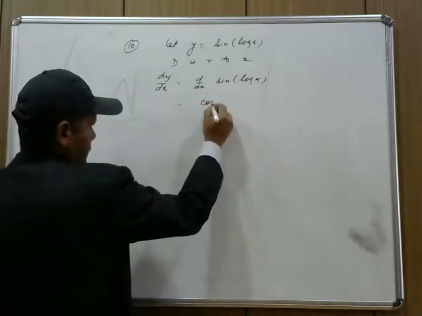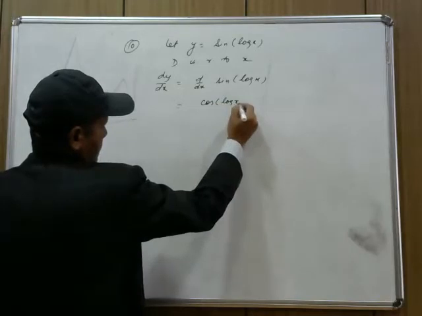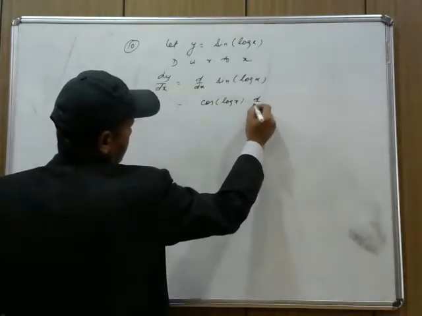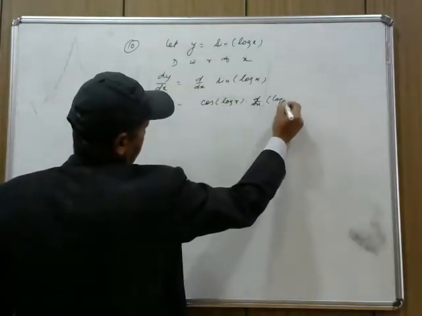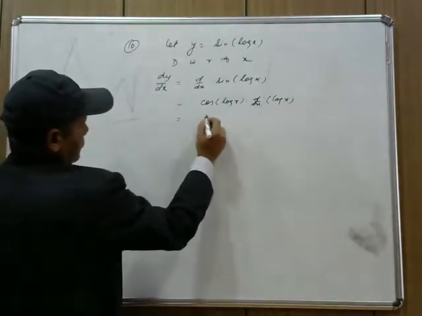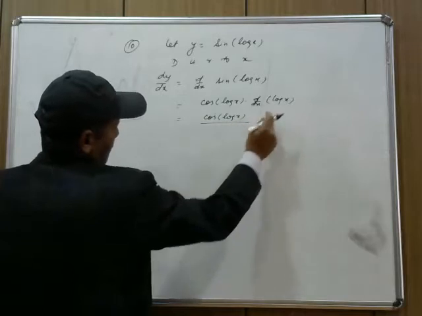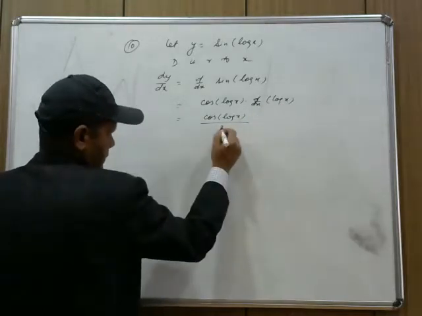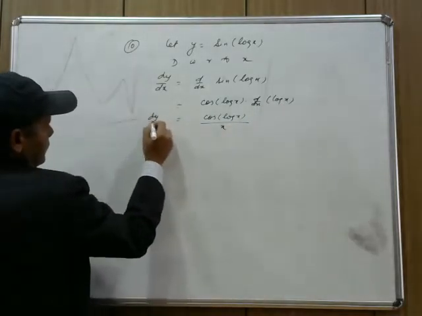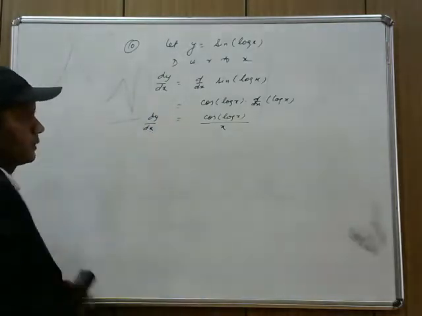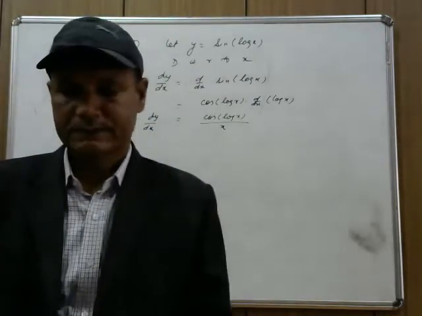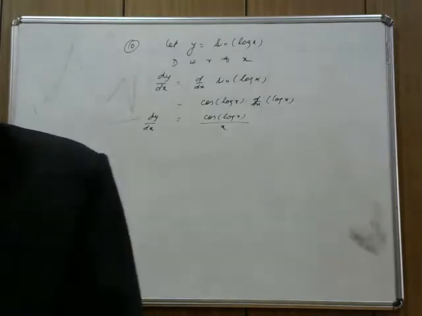So now we write first cos log x into differentiation of log x. This will be cos log x upon x, since differentiation of log x is 1 by x. So now dy by dx is equal to cos log x upon x.